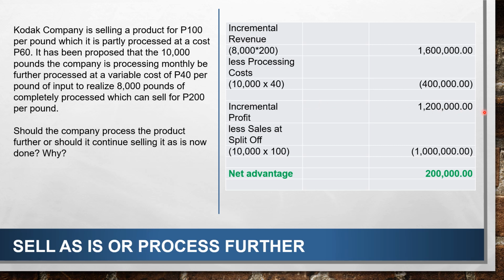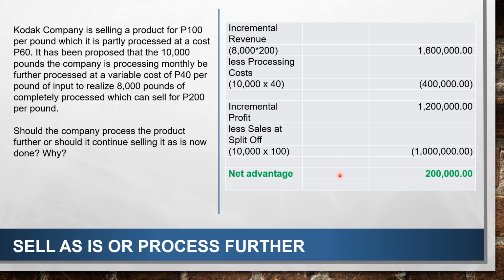So we have 400,000. So therefore, we have our incremental profit of 1,200,000 less sales at split off point that is being sold last time, 10,000 times 100, so we get 1 million. Okay, so we have a net advantage of 200,000.